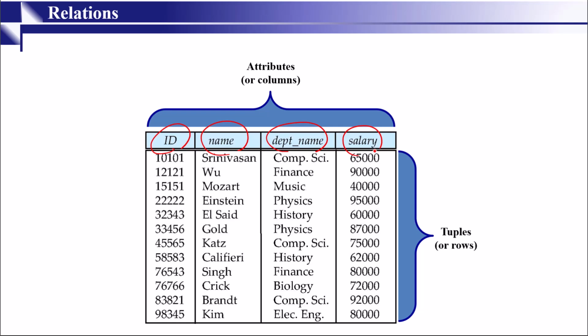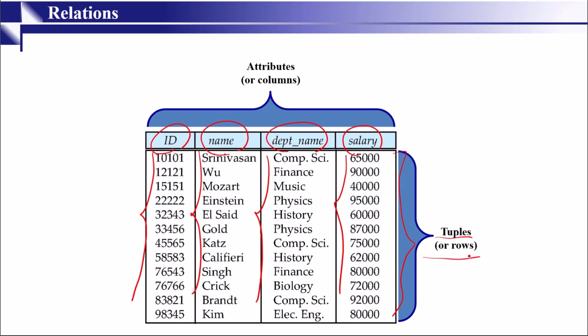Each column represents a specific type of information. Like, for example, ID here, names here, departments here, and salary here. Tables are building blocks of our database. So we call these things tuples or rows or even records.